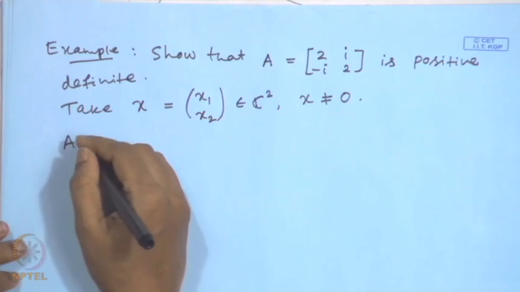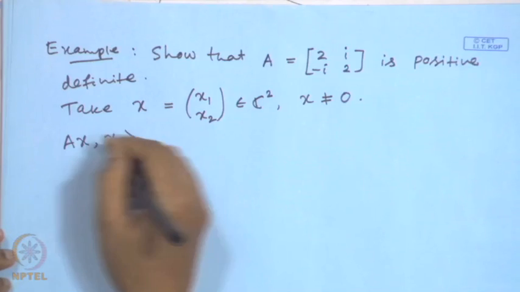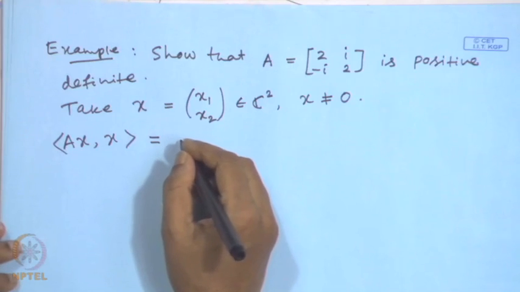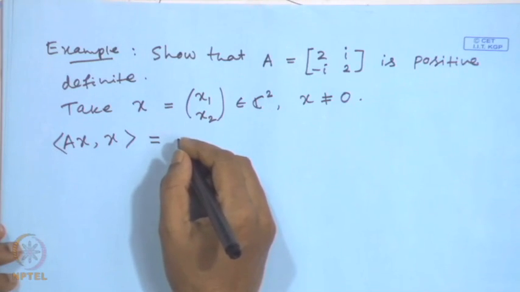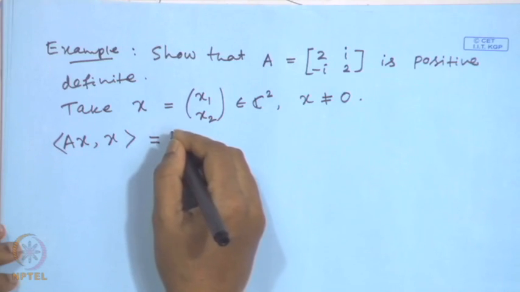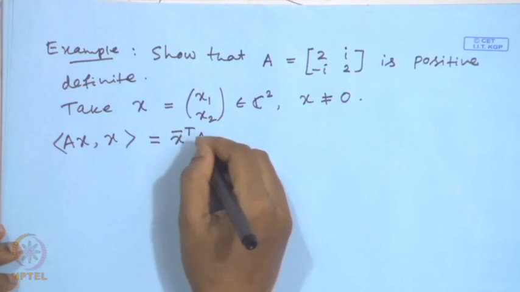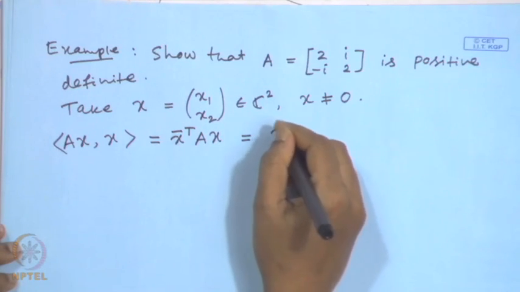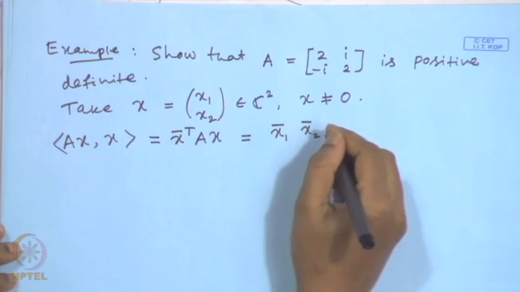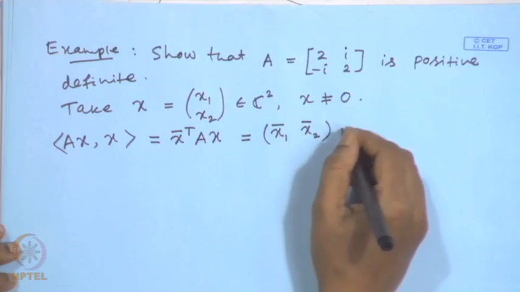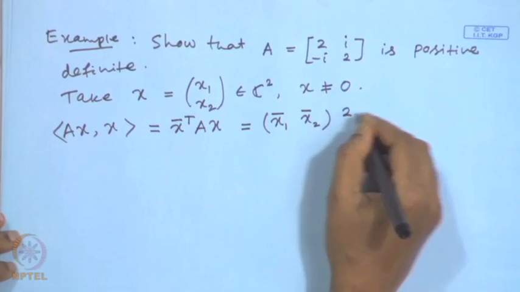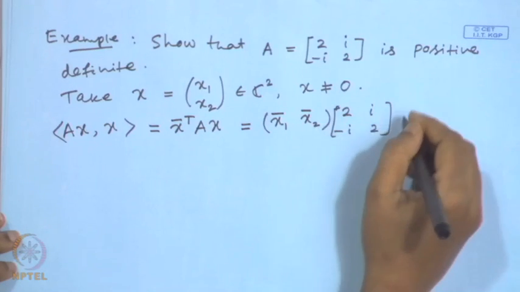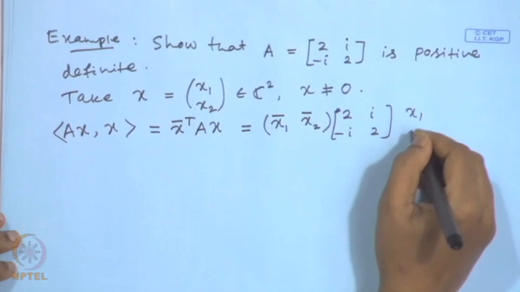Now we consider this form Ax, x, which from the definition of the inner product can be written as x conjugate transpose times Ax, that is, conjugate of x1, conjugate of x2, times the matrix A, that is 2, i, minus i, 2, multiplied with x1, x2.